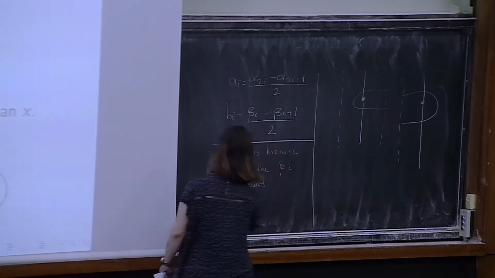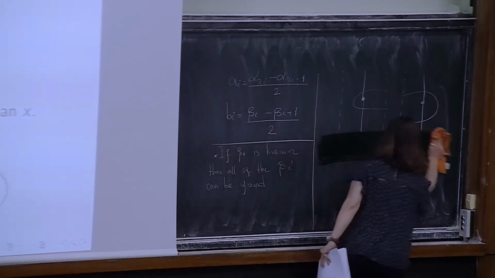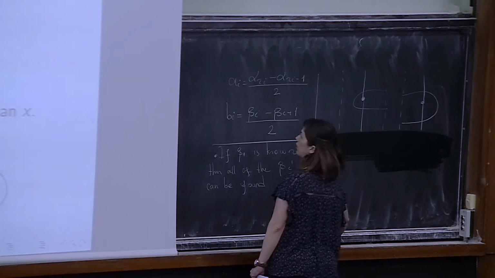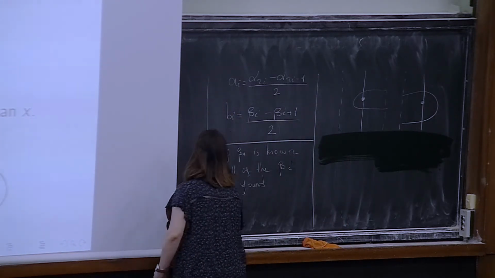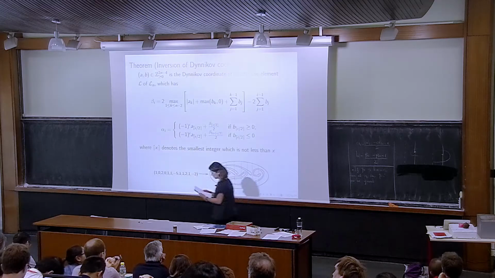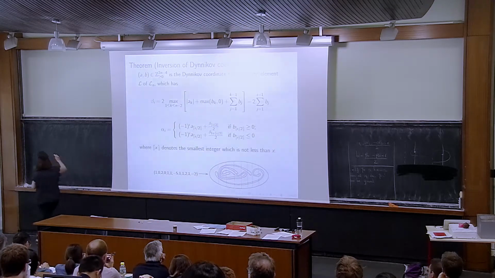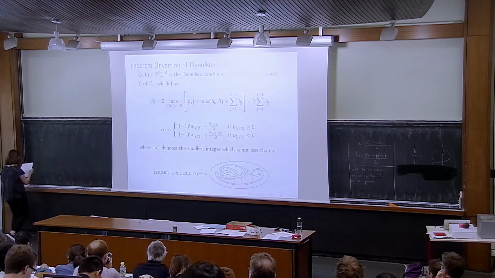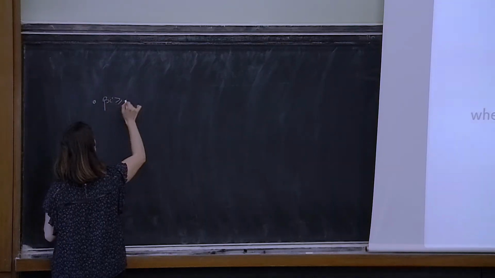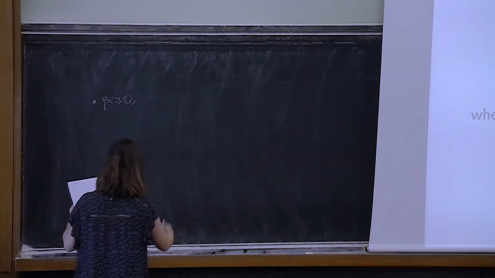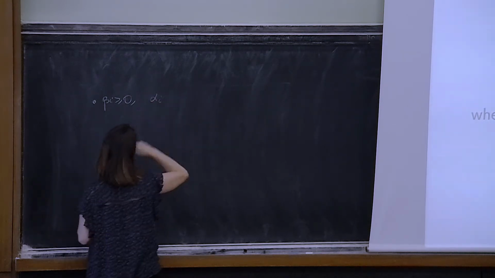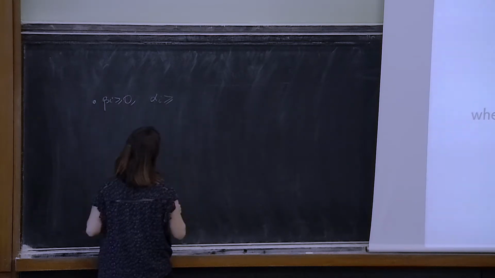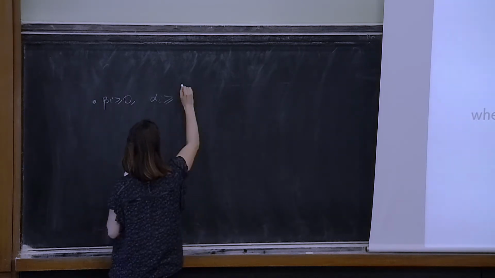Well, the second fact is, should I write it? Oops, where am I going to write it? Maybe here? Or maybe there? The second fact is that the number of intersections on each beta I is greater than or equal to 0, and the number of intersections on each alpha I is bigger than or equal to the number of pieces that go around the puncture, which is given by the BI coordinates.